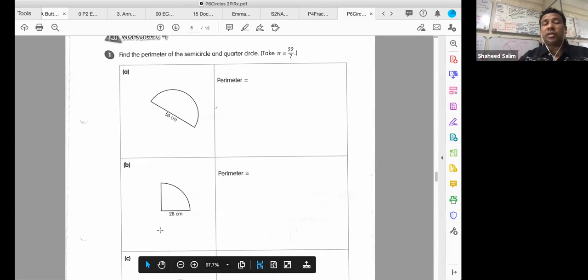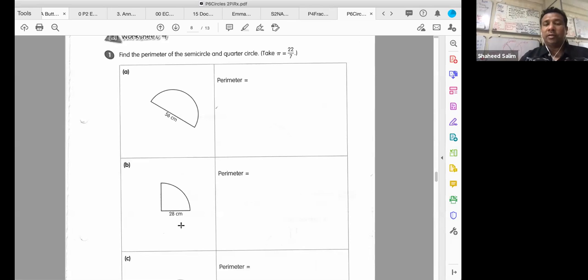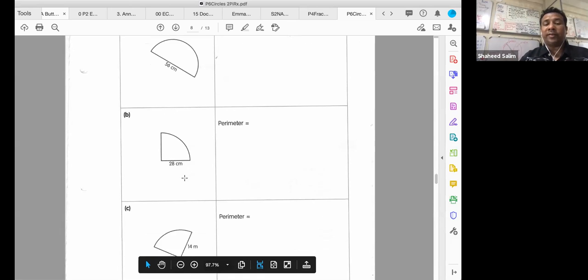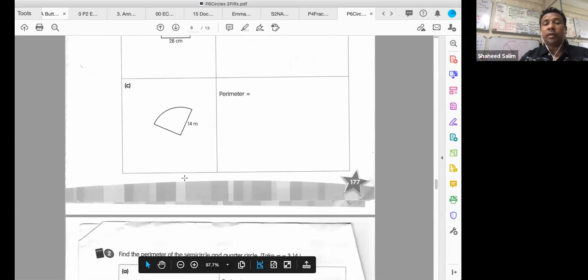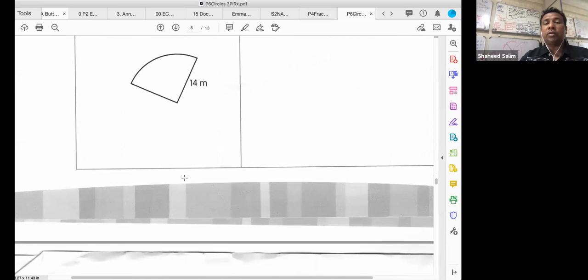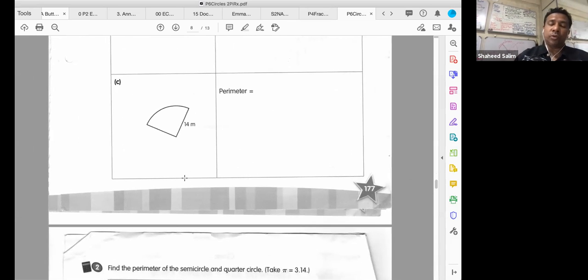After you practice, you become very fast. But that's not the highest. You have to practice the problem sums. Can we try question 14? This one uses 22 over 7 also.